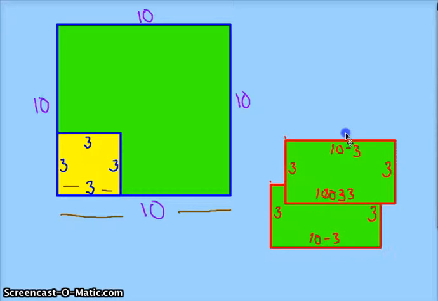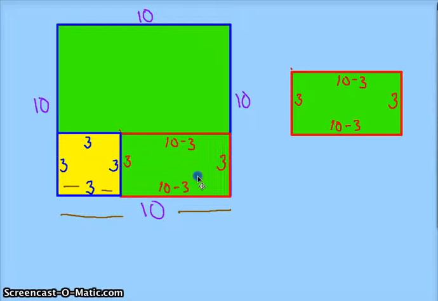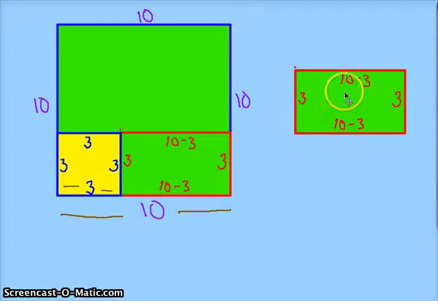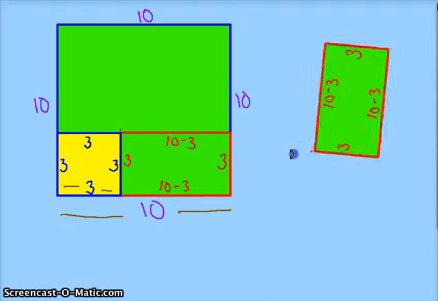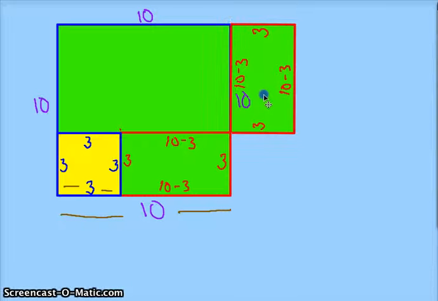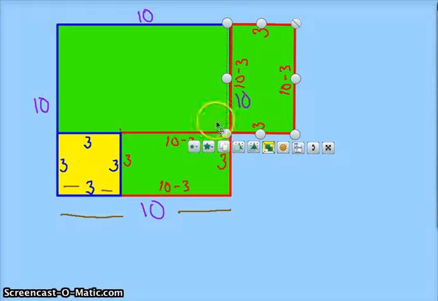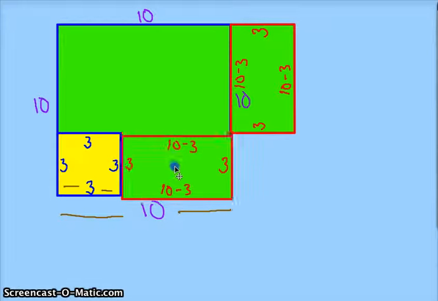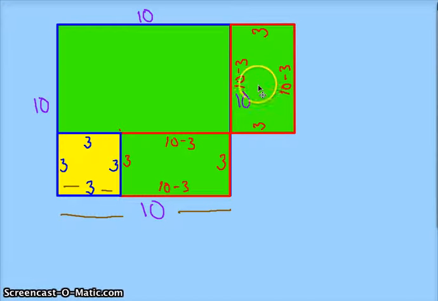Now, I'm going to play around with this. I'm going to duplicate it, put that back over here, rotate this and move it here. You're going to see why I'm doing that in just a minute. All I did is take this green part here, the red rectangle, rotate it and move it next to this part here.